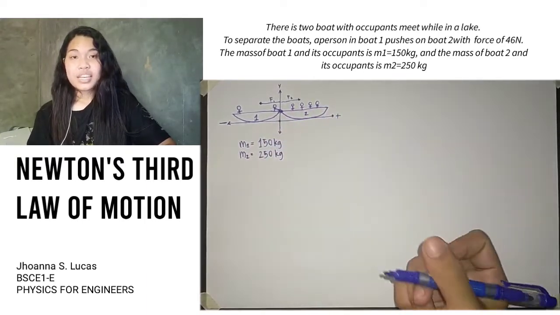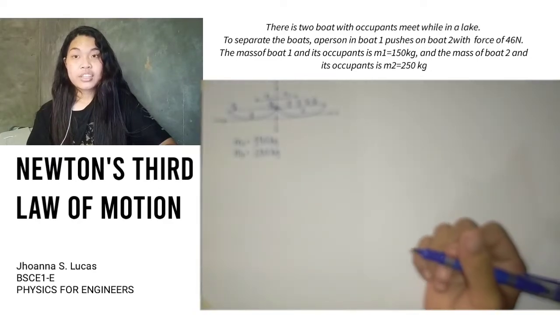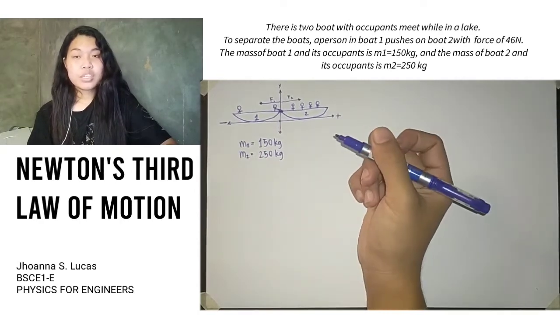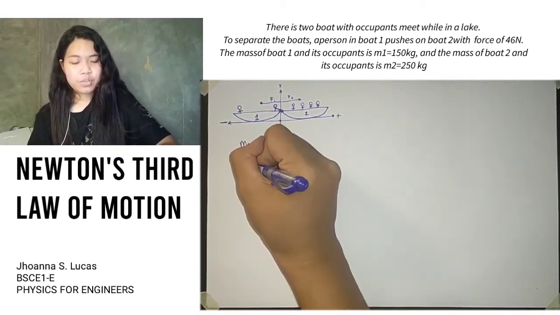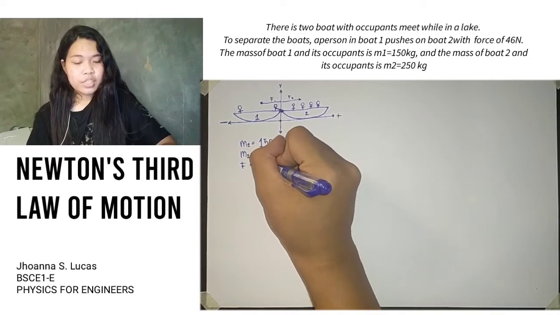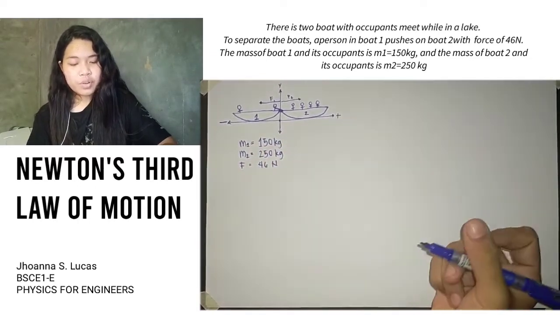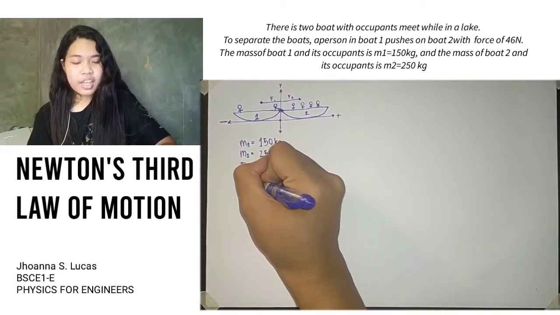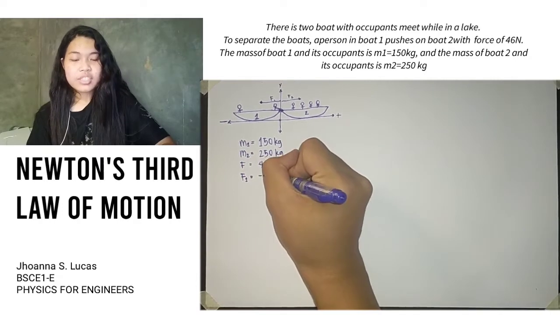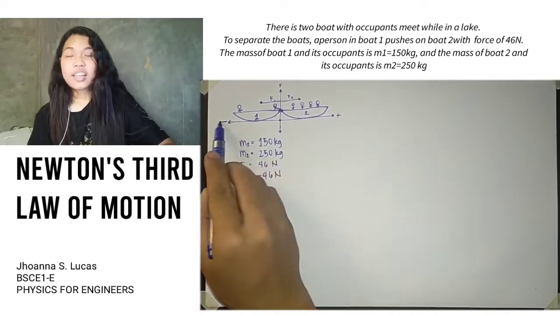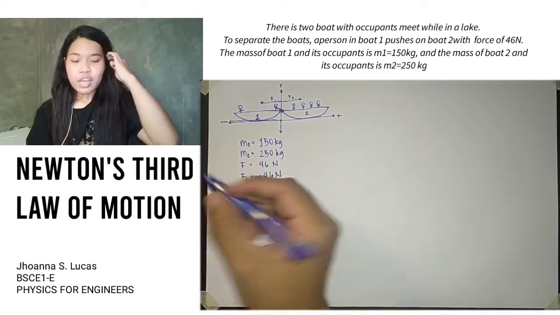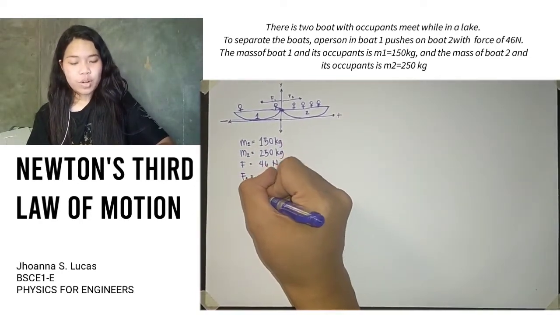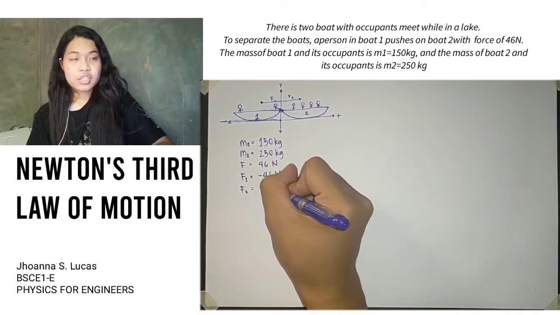For force, it is said there that there is 46 Newtons of force. So our force will be 46 Newtons. For boat 1, the force F sub 1 is negative 46 Newtons, since boat 1's direction is on the left side of the x-axis. And for boat 2, F sub 2 is 46 Newtons.